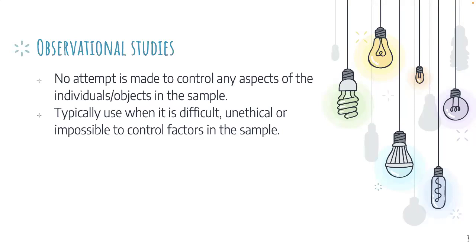So pretty much when we are doing an observational study, we are just making an observation of some sort of behavior and making note of that behavior, or making note of that measurement, whatever it is that we are collecting. But we don't have groups. We are not controlling any factor in the study.